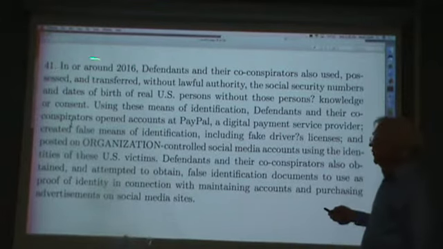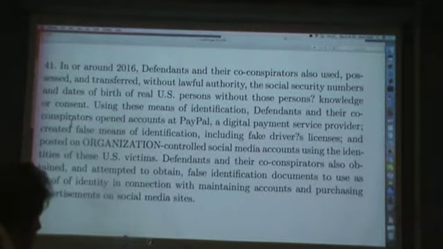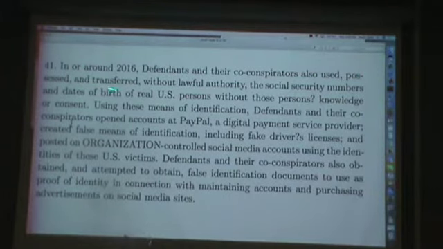So in or around 2016, defendants and their co-conspirators also used, notice used, not utilized, also used, possessed, and transferred without lawful authority the Social Security numbers and dates of birth of real U.S. persons without those persons'. Okay, that was an apostrophe there, and unfortunately when I moused it in it became a question mark, so that should be an apostrophe.